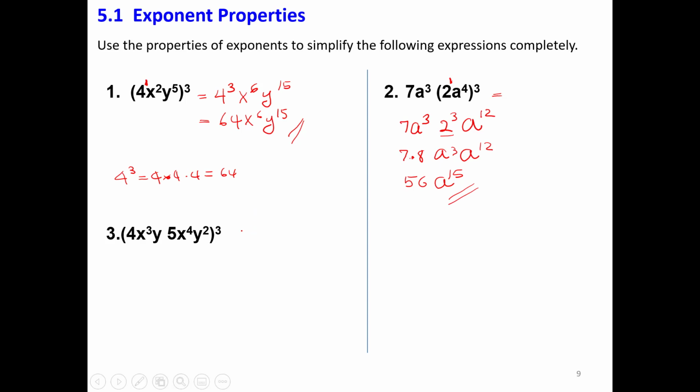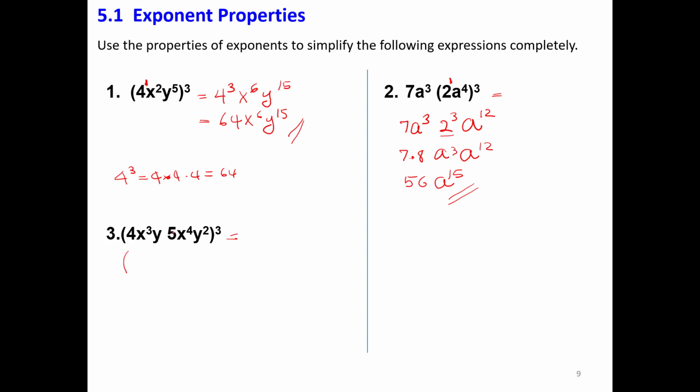Let's now solve the next one. With this one, again, if we have an expression inside the parentheses before raising to the third power, we will see if we can simplify the expression inside the parentheses. Then this equals, let me write here.